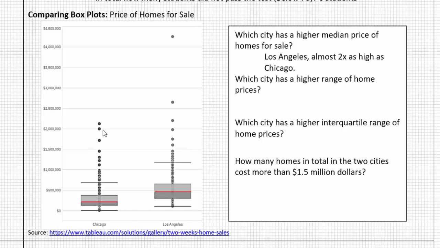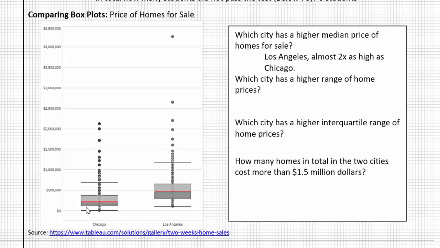Why are these points not included? Well, you might remember that points that are considered outliers are not included in the whiskers. And so for the range, I would just keep in mind the range between the bottom whisker and the top whisker. But once again, it looks like LA has a longer range in values.